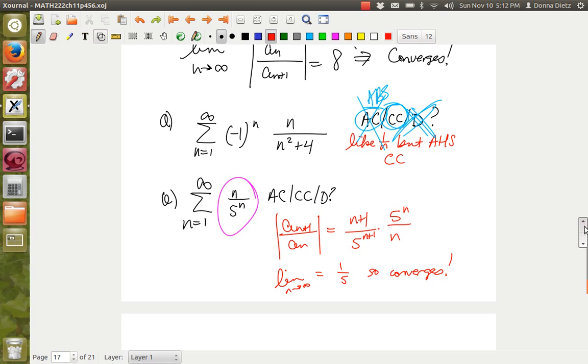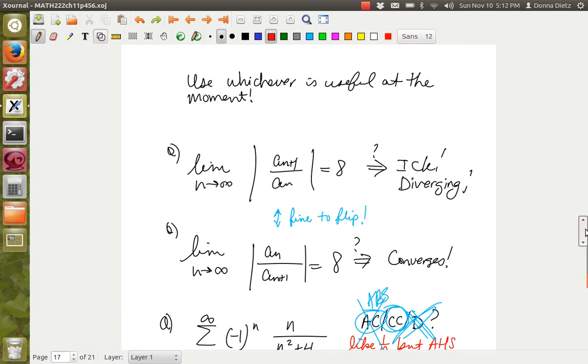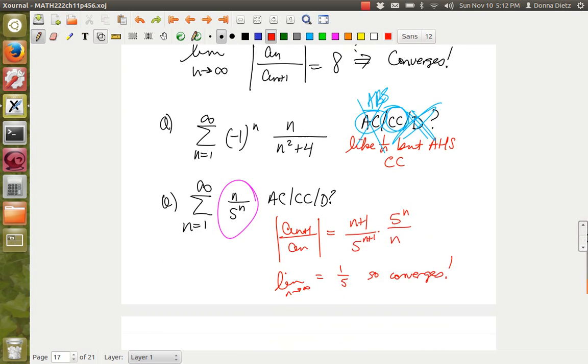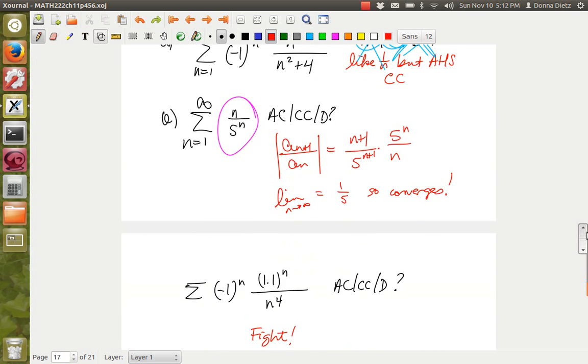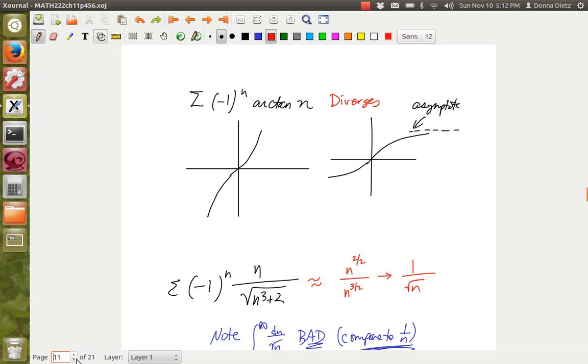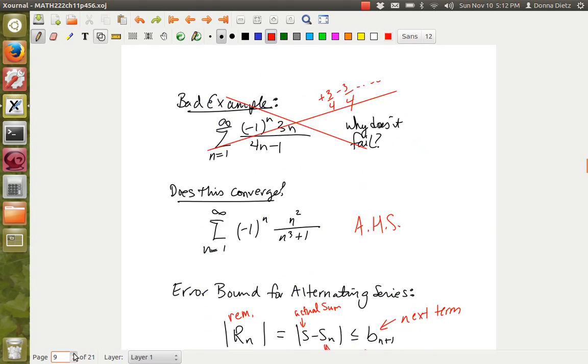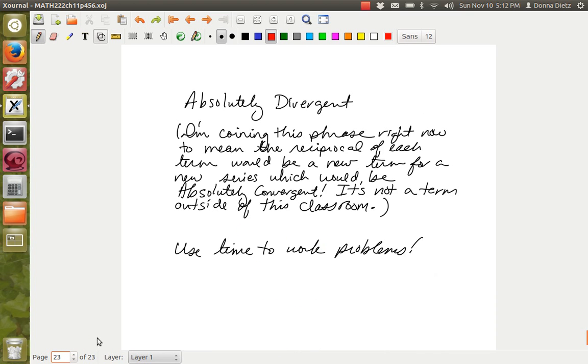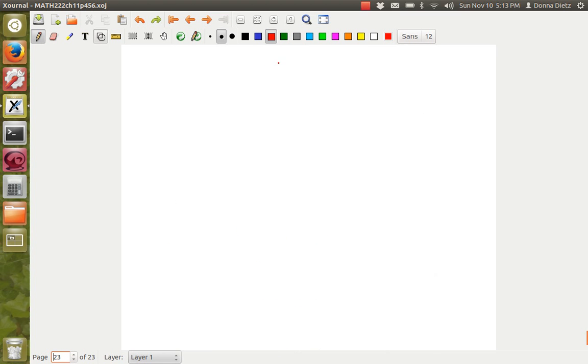So if I can find a little piece of space here. Okay, let me see, because I couldn't find a piece of space to write on.